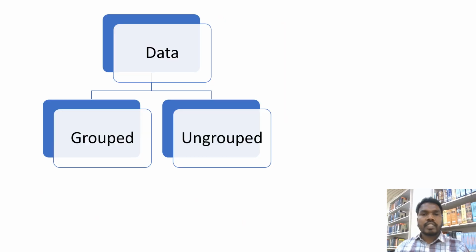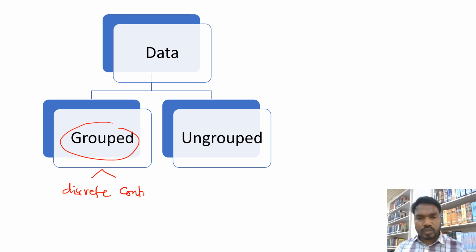So as I said, there are two types of data: grouped data and ungrouped data. Grouped data can be put in the form of class intervals. Therefore, we have two types of class intervals: discrete and continuous. We will focus on this later. Here our main focus will be on ungrouped data. Let us first find the measures of central tendency for ungrouped data.